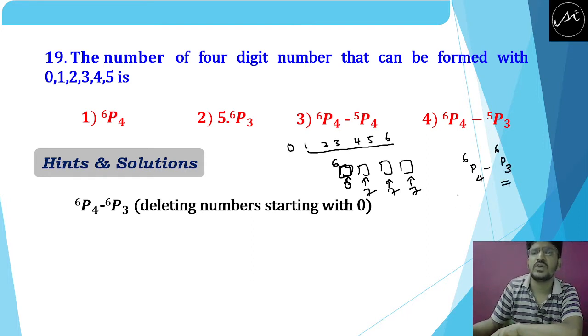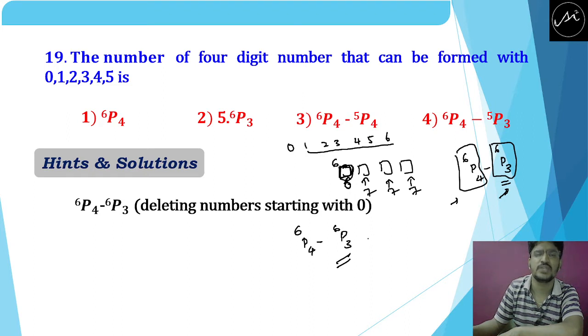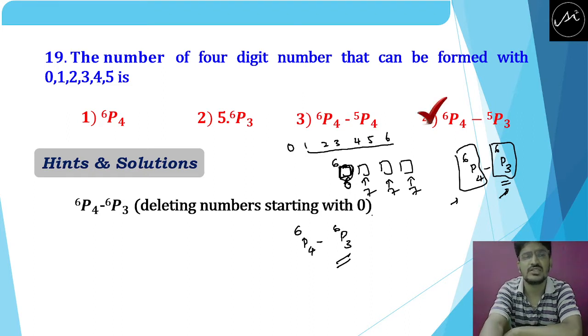Because 6p4 gives us all arrangements including those where 0 is at the first place, from that I should delete the 6p3. So 6p4 minus 6p3 will give you the right answer, that is option 4.